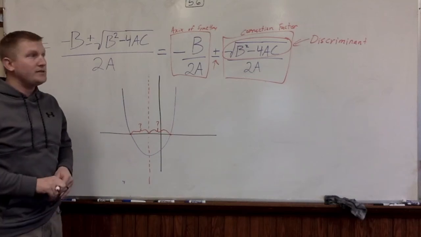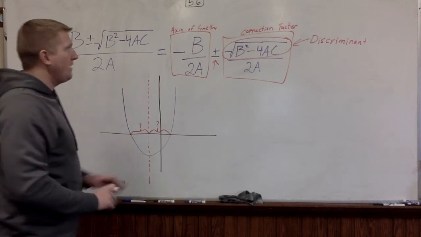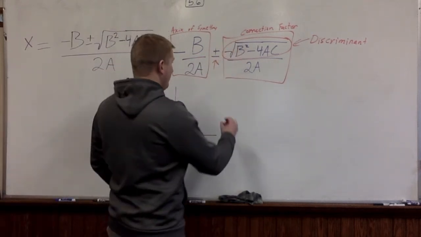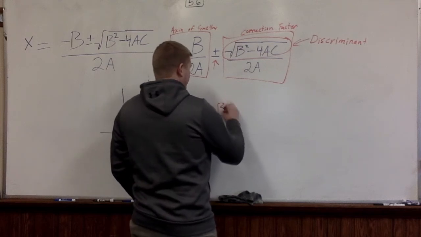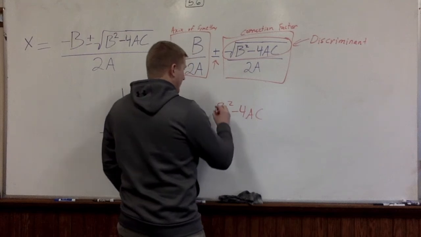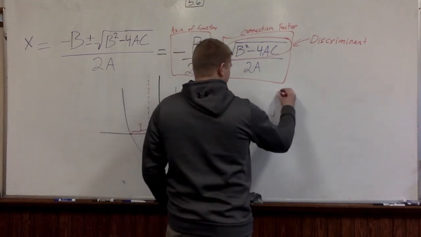If we look particularly at what's underneath the radical, that is b squared minus 4ac, I'm going to branch this off.